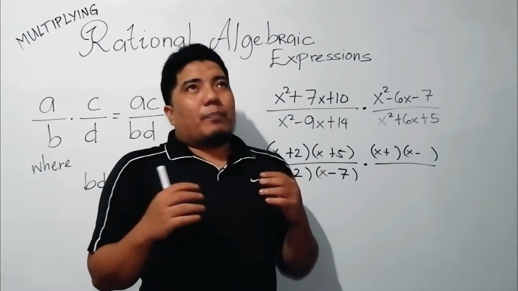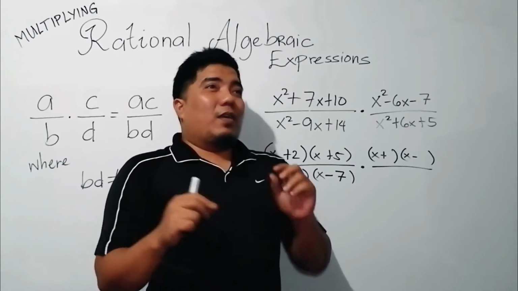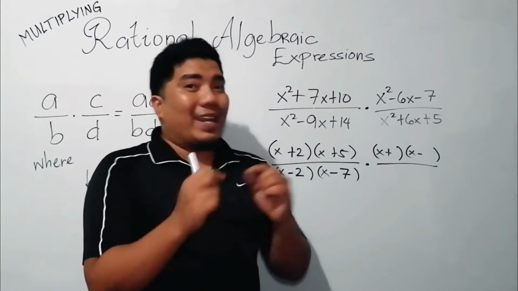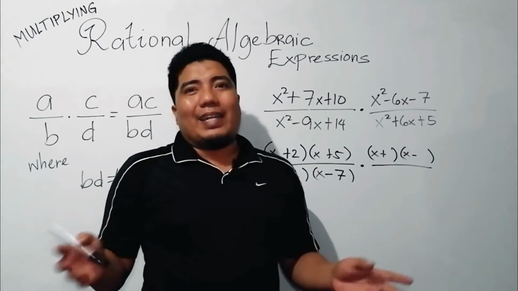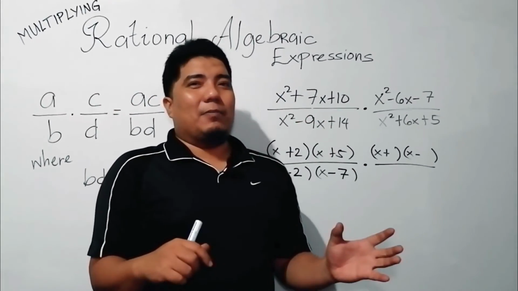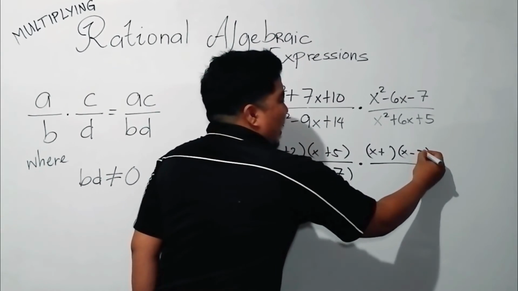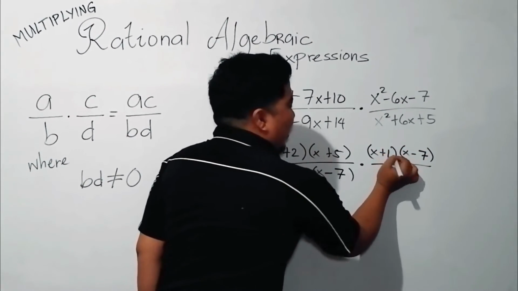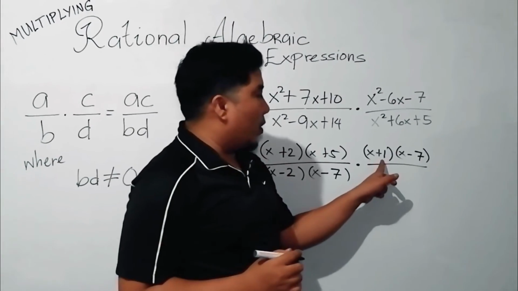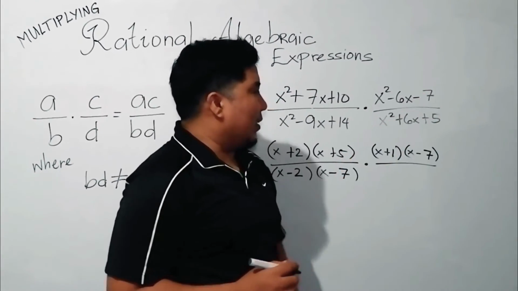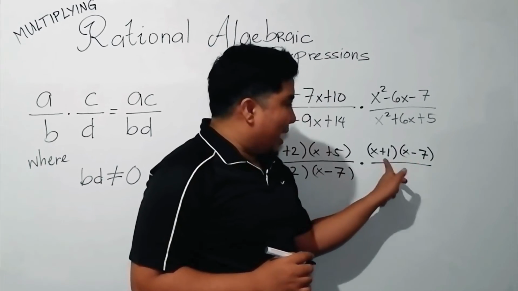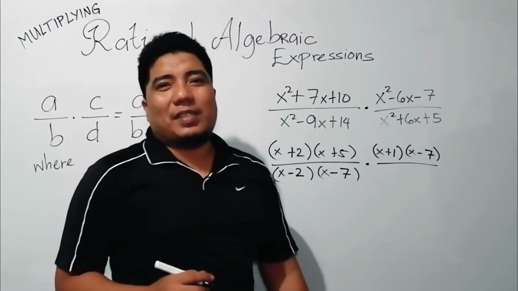Now, factors of negative 7 are 1 and 7 or 1 and negative 7. Now, if you add 1 and negative 7, the answer is negative 6. Okay. So, therefore, the number is negative 7 and the positive number is 1 because if you multiply them, the answer is negative 7. If you add them, the answer is negative 6.